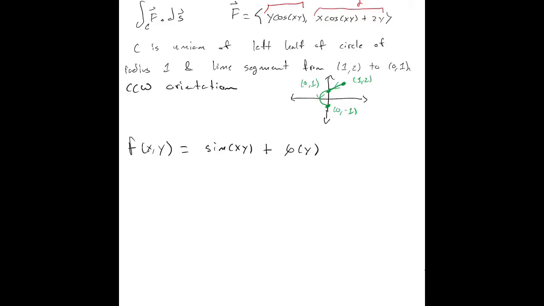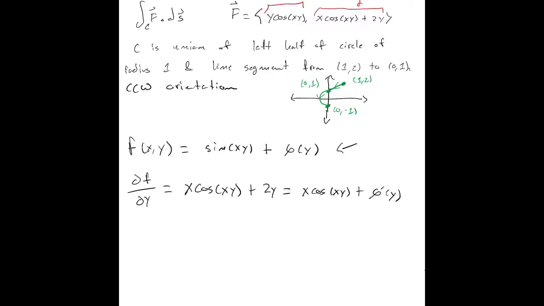Now we're going to use the fact that g is equal to the derivative of f with respect to y. So we know that the partial derivative of f with respect to y is equal to x cosine xy plus 2y, but we also know that if we take a derivative of f with respect to y, we get x cosine of xy plus phi prime of y.